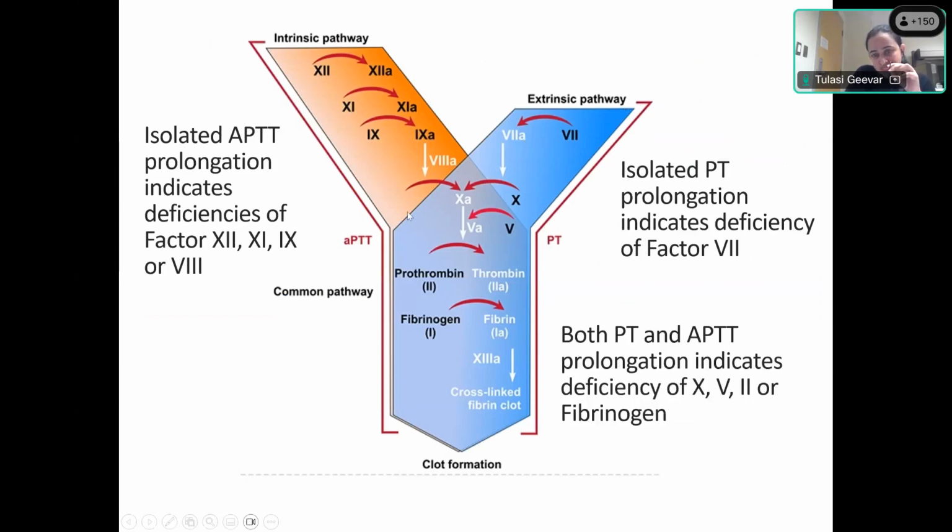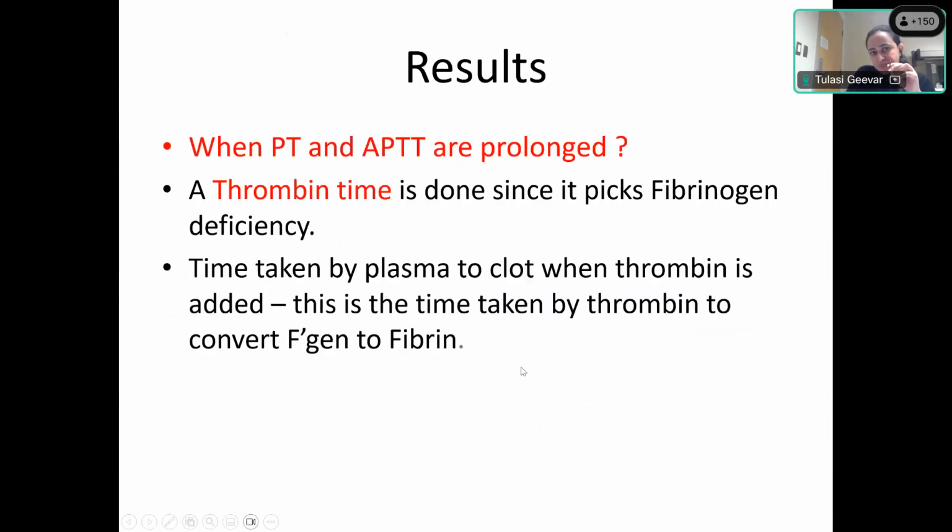Prolongation of both PT and APTT indicates deficiency of components of the common pathway: 10, 5, 2, or fibrinogen. When both PT and APTT are prolonged, a thrombin time can be done. A thrombin time contains thrombin, and this picks up fibrinogen deficiency. It is the time taken for the plasma to clot when thrombin is added.